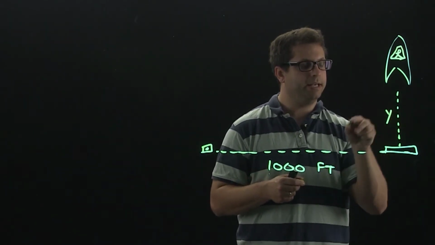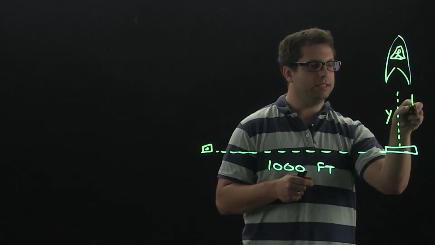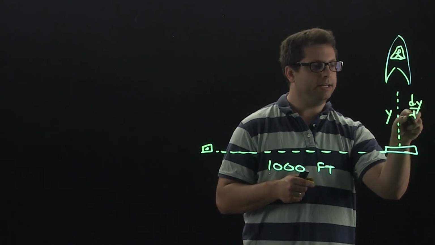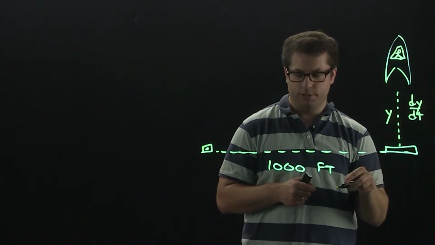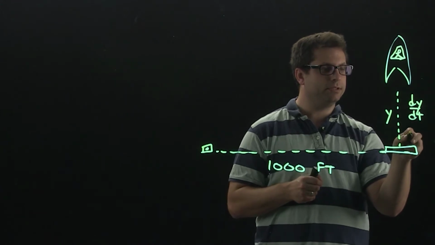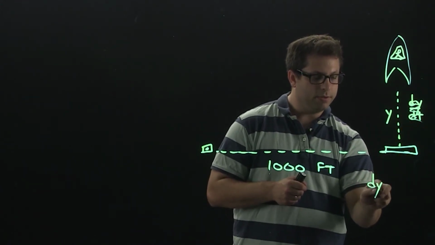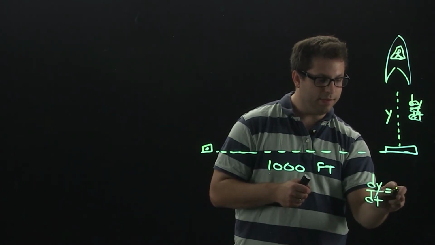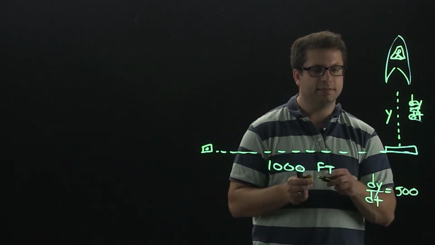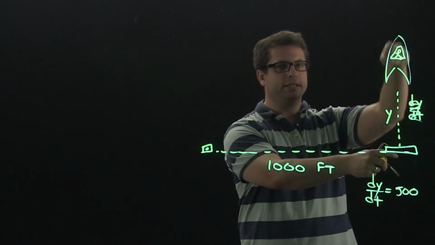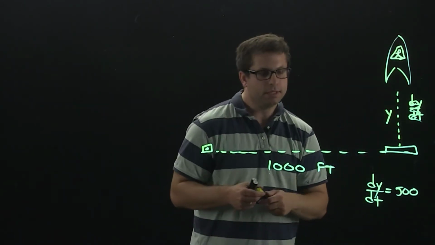So this height right here is y, and we know that dy/dt is going to be, what did I just say, 500 feet per second? I ran out of room there, so I'll write that down here. So we know that dy/dt is 500, and it's positive 500 because y is increasing with time.